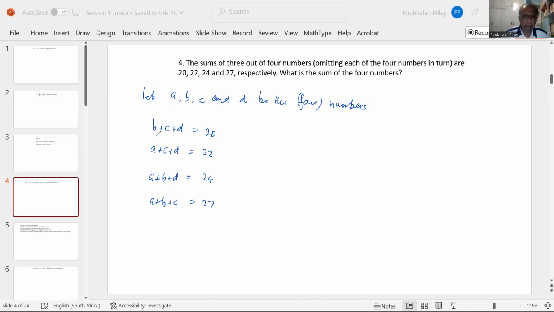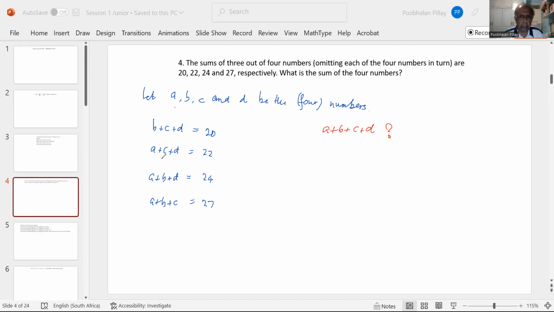You've got 3 A's, 3 B's, 3 C's, and 3 D's. And the question is, what is the sum of the 4 numbers? Let's just remember what the goal of the problem is. The goal is to find out what A plus B plus C plus D is equal to. That is the sum of the 4 numbers.